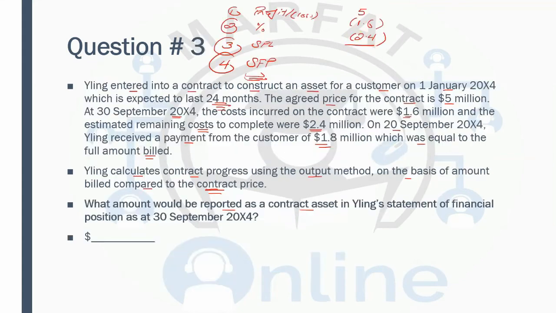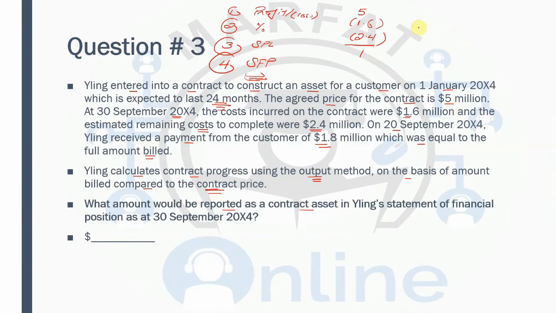Let me use my calculator. 5 minus 1.6 minus 2.4. It is 1. Okay, it is making the profit. Ling calculates the contract progress using the output method. What is the output method?